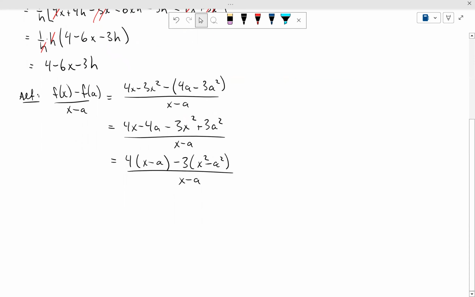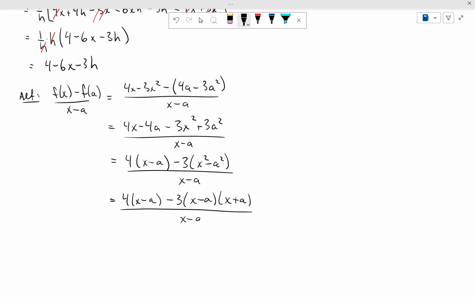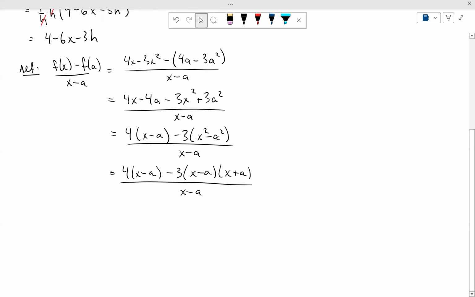Now we also have a common factor of x minus a. We just need to do some factoring here on the second term in the numerator. So we have our 4 times x minus a minus difference of perfect squares, right? So we have 3 times x minus a times x plus a all over x minus a. And now we have a common factor of x minus a.